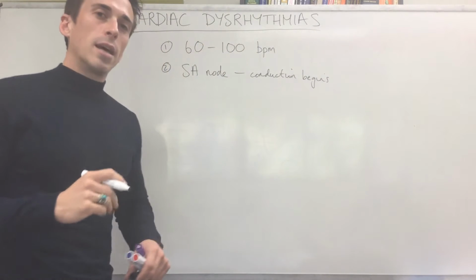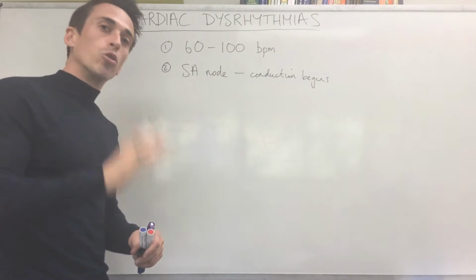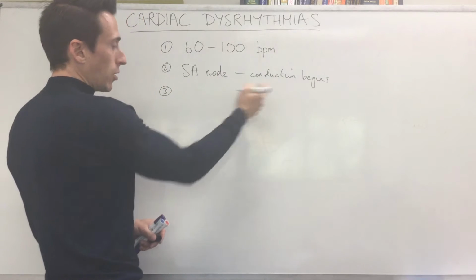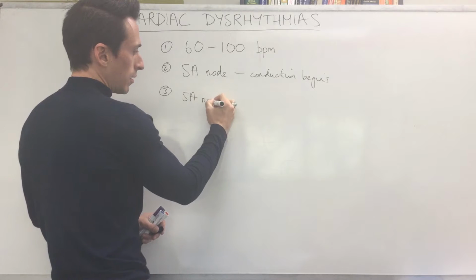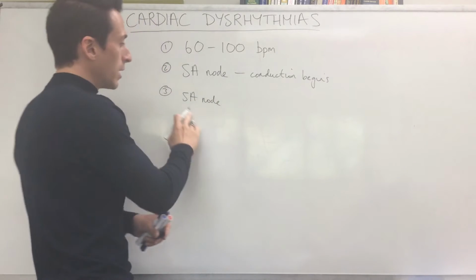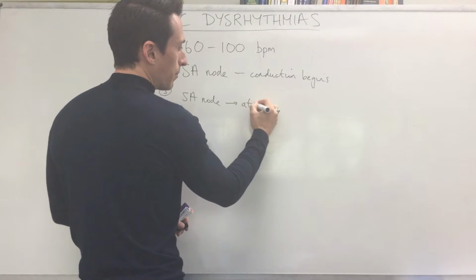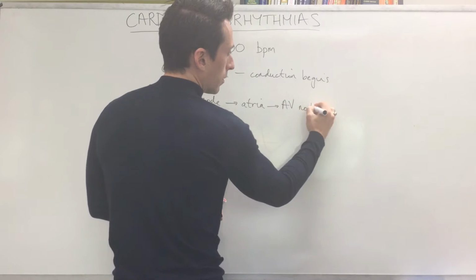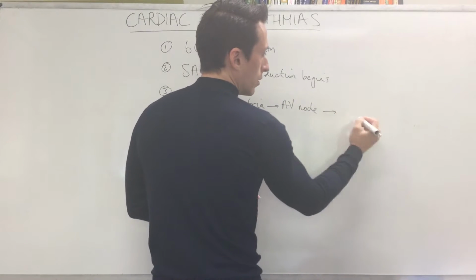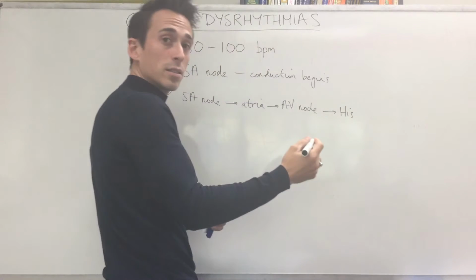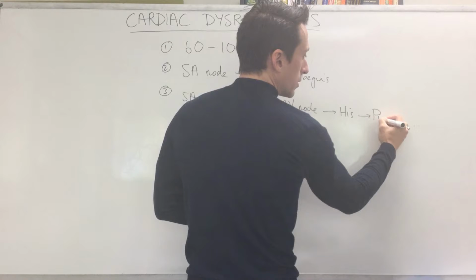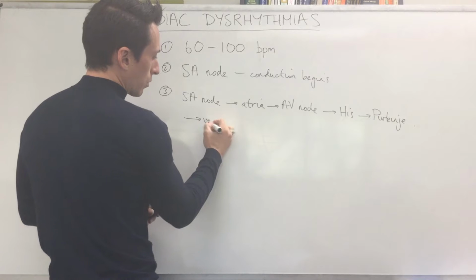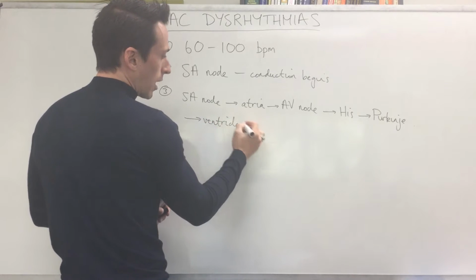The next point is that the signal should propagate along the normal conduction pathway, which means it needs to start at the SA node like we just stated, and then go from the SA node to the atria, from the atria to the AV node, from the AV node to the bundle of His, and then through the various Purkinje fibers, and then from the Purkinje fibers through to the myocardium of the ventricles.